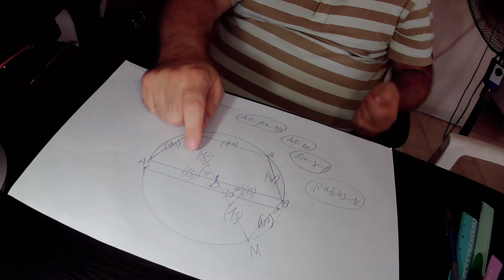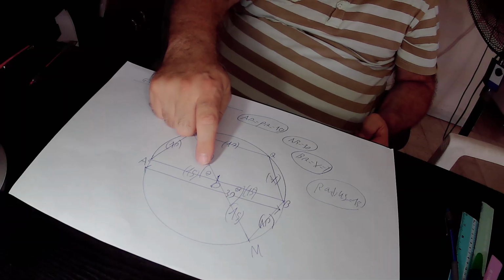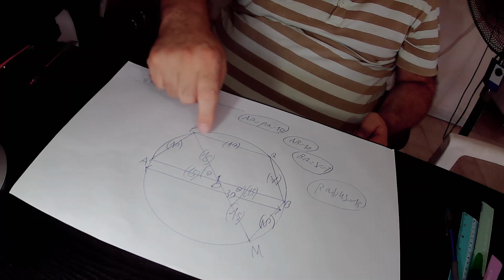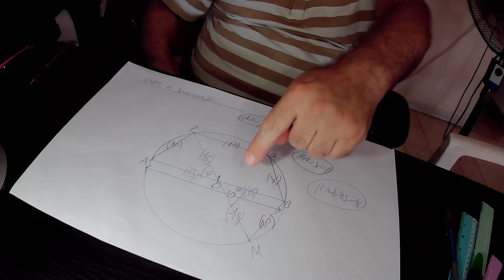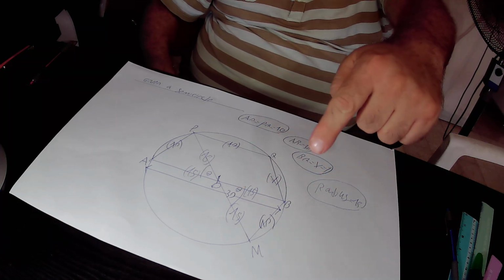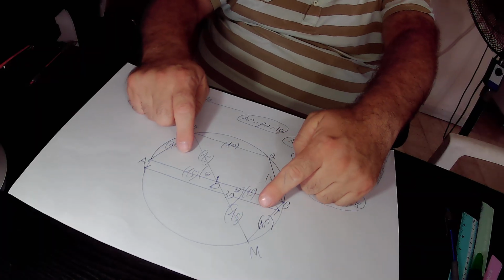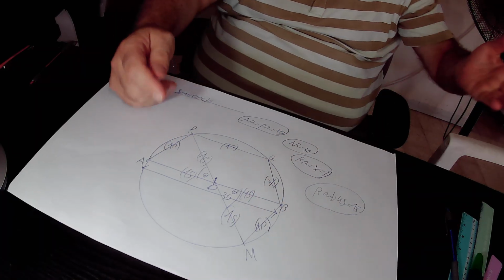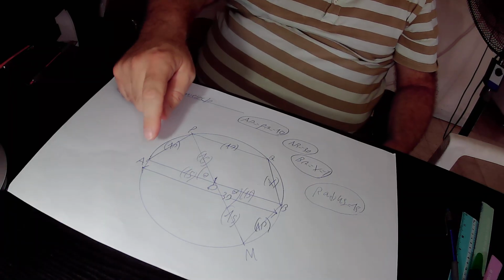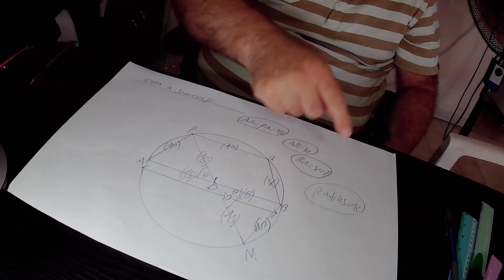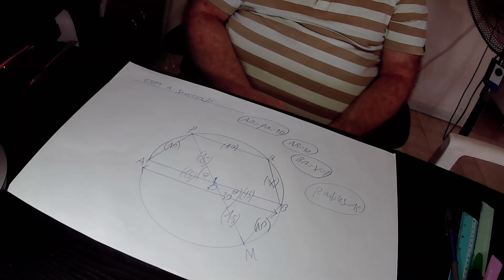That is to say, we prove that those two sides and the angle included between them in triangle APO are correspondingly equal to those two sides and the included angle in triangle MBO. Therefore, those two triangles are congruent according to the side angle side rule. From the fact that they are congruent, we derive that side AP is equal to side MB, according to the rule that corresponding sides in congruent triangles are equal to each other.